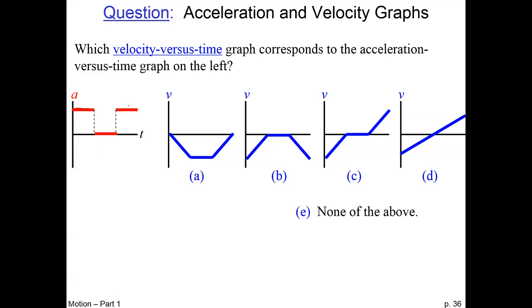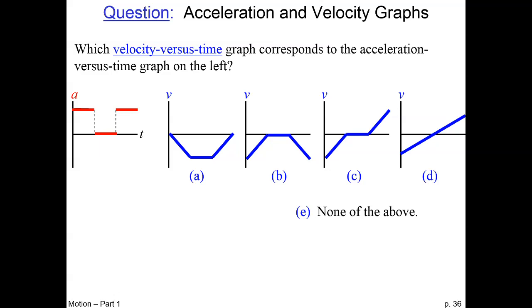Well, we don't know the initial velocity, but acceleration tells us the change in the velocity. A positive acceleration means that the velocity graph must go up, then the acceleration is 0, so the velocity graph goes flat, and then the acceleration is positive again, so the velocity must go up again.